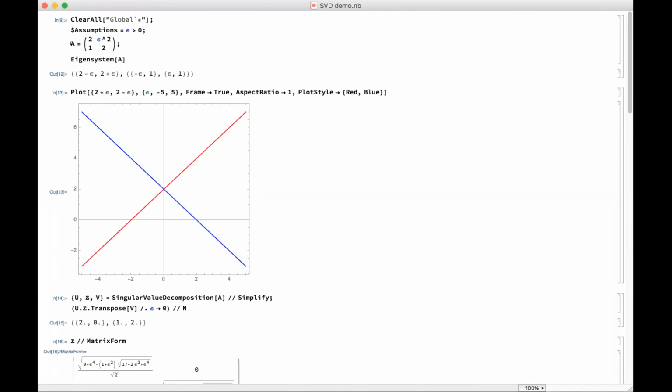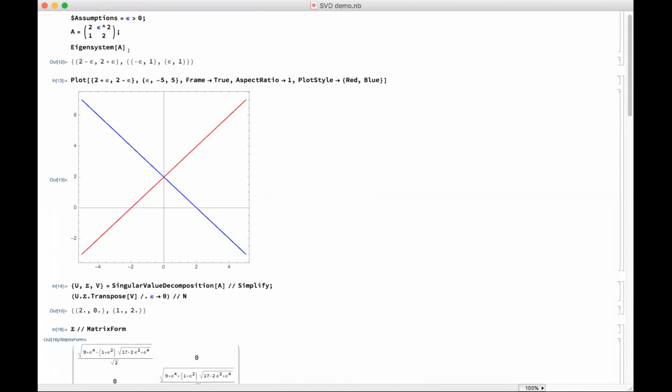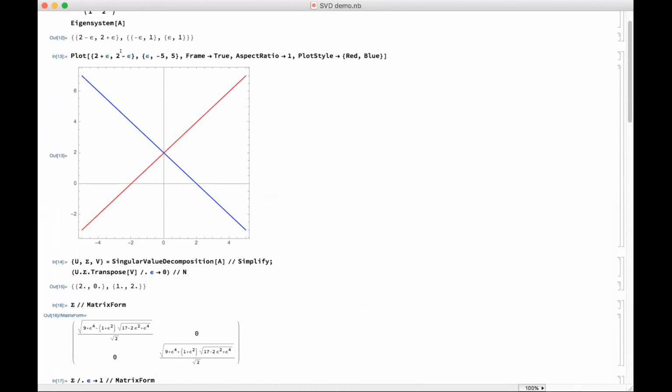Okay, so this is the matrix A, and the assumption is that epsilon is positive. But I would like to encourage you to try when epsilon is an imaginary number. It's going to be more interesting, but we have no time to discuss that complicated case in class. So these are the two eigenvalues in terms of epsilon.